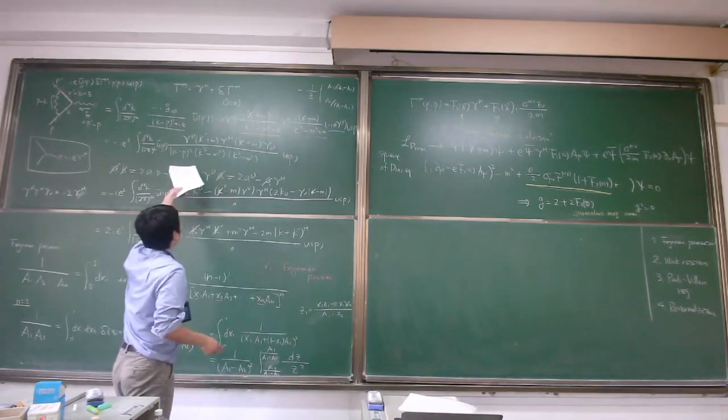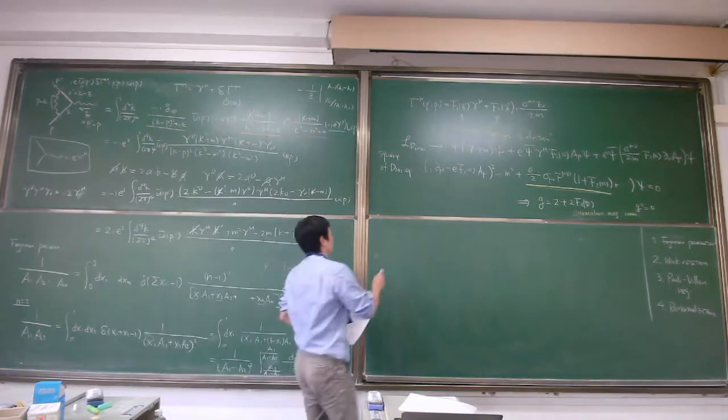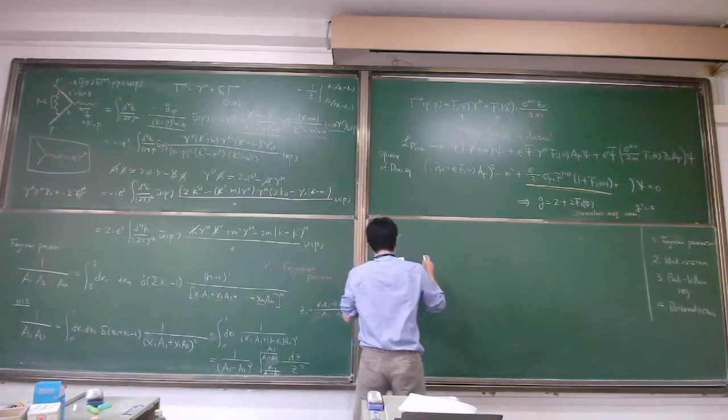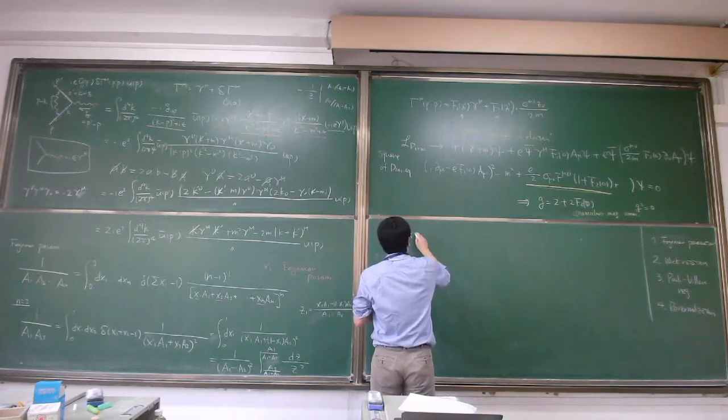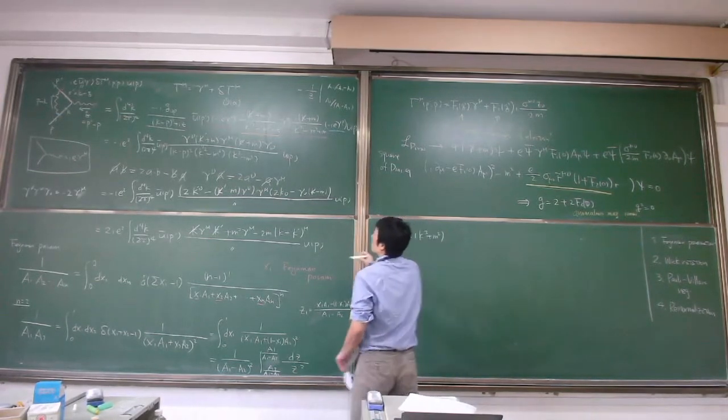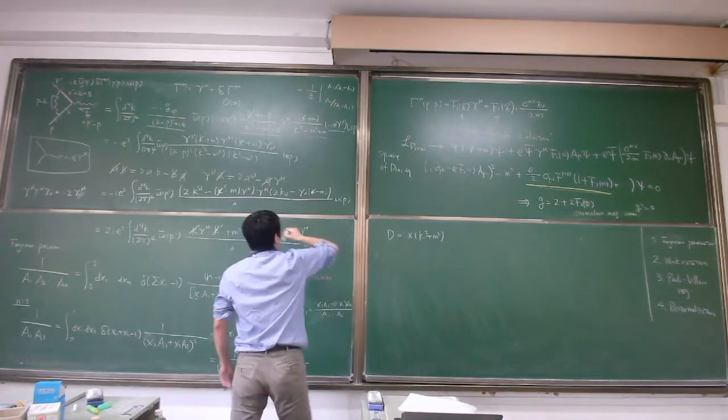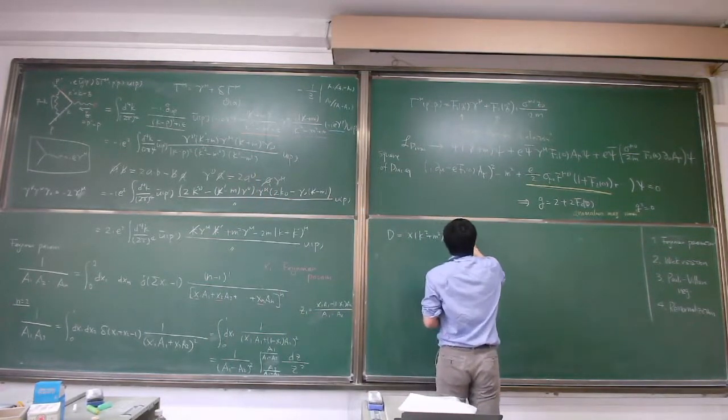If we apply the Feynman parameter to the denominator, the denominator is k squared minus m squared. So this is a1, I call it a1, and a2 is the next one.